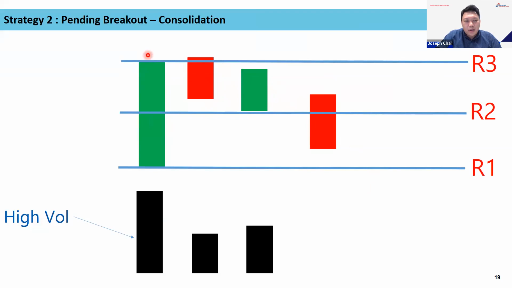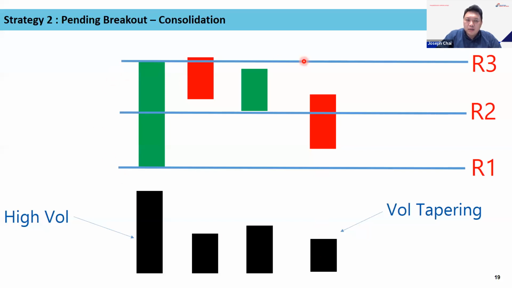And same thing, when I see a green candle, I'll draw 3 lines. I just wait for the breakout to happen. That's where I'll buy on the breakout. Now, if you're experienced enough, when you draw all the 3 lines here and then you do all your support and resistance, right, you can actually buy when the stock has a pullback on low volume. When the stock has a pullback on low volume, that tells me that the bull is still in control.